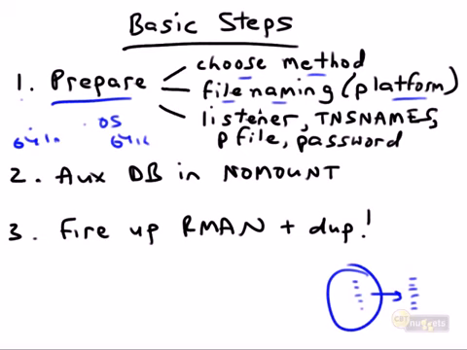If we don't do something to change our file paths, then the process is going to fail right out of the gate, because how is Oracle going to lay down duplicate data files with the same names in the same directory paths as the source? It's just not going to happen. And you can actually customize the file naming in two spots. You can put it in your temporary P file, or you could do it in the RMAN block when you actually fire up RMAN and run the duplicate command itself.